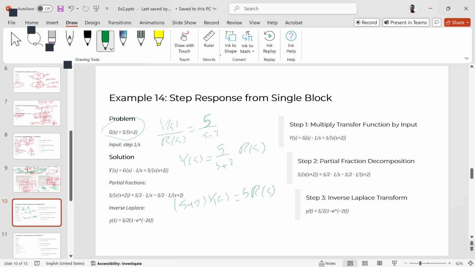What is s times y? You can expand this, right? It's going to be sY plus 2Y equal to 5R. If you wanted to transfer this to the time domain, what would you have? What is sY in the time domain?